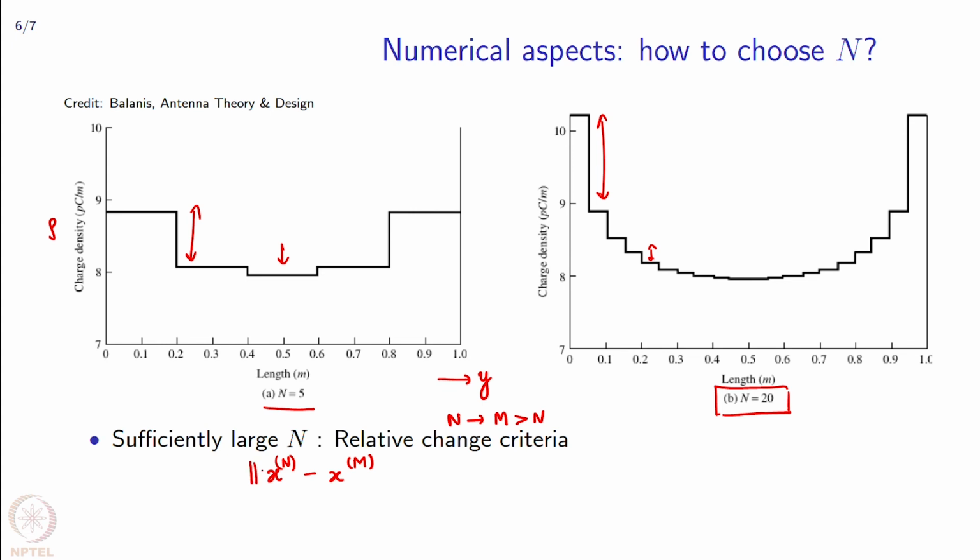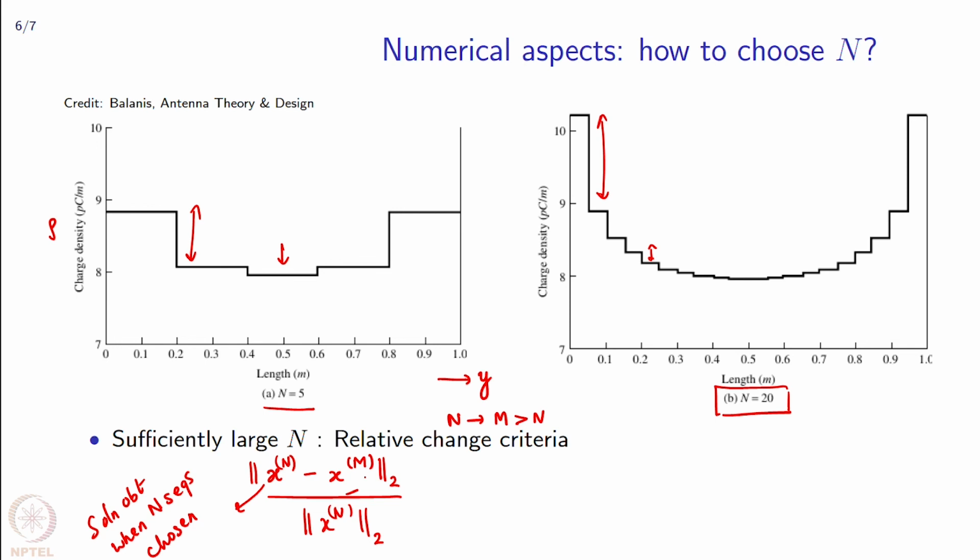I can take the norm of this vector to find out how much energy is in the difference, and compare it to the reference solution. When I say norm, I am taking the 2 norm. So xn is the solution obtained when n segments are chosen, and xm therefore is the solution with m, a larger number than n, chosen.